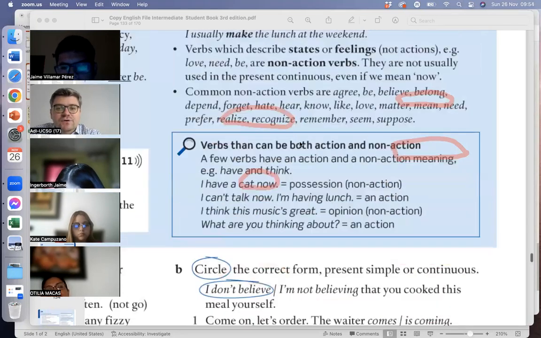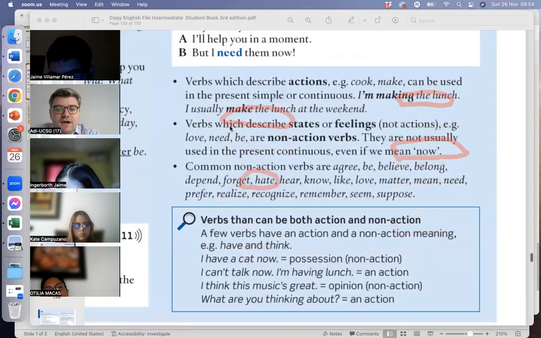If you come back to the rules, we are talking about states and feelings, not actions. So we see the rule here. Verbs which describe states or feelings, not actions, like love, need, be, are non-action verbs. They are not usually used in the present continuous if we mean now.